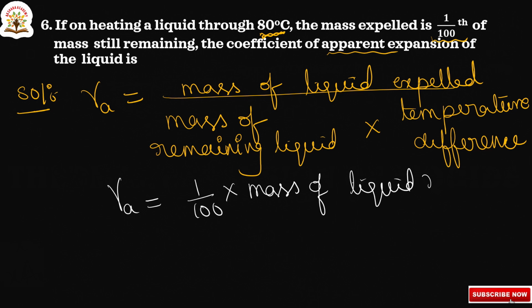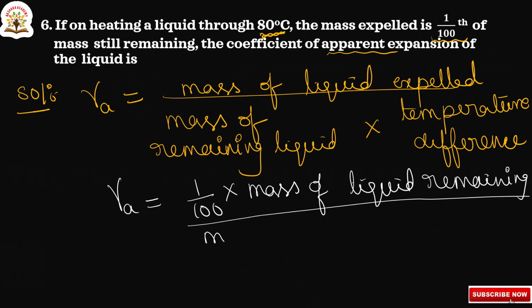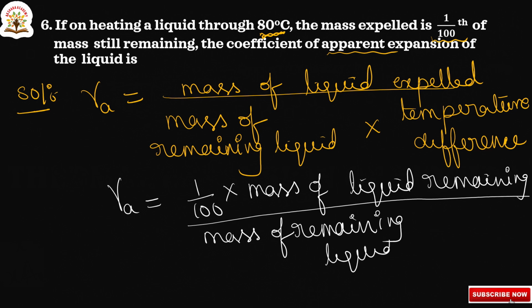by the mass of liquid remaining into ΔT. These cancel. So gamma A is equal to 1 by (100 into 80), 8000.